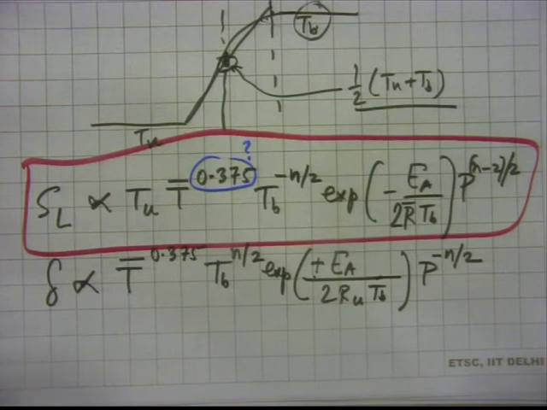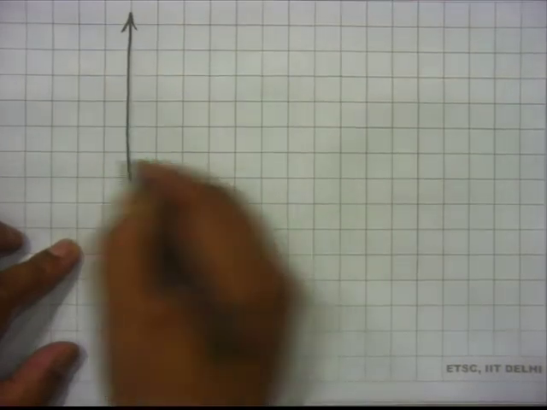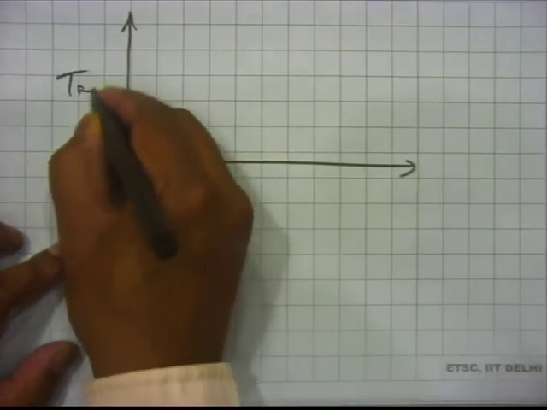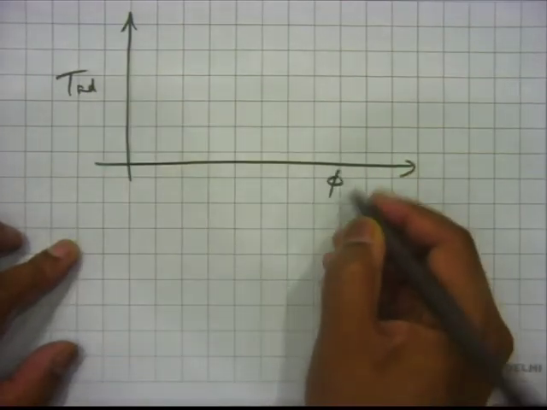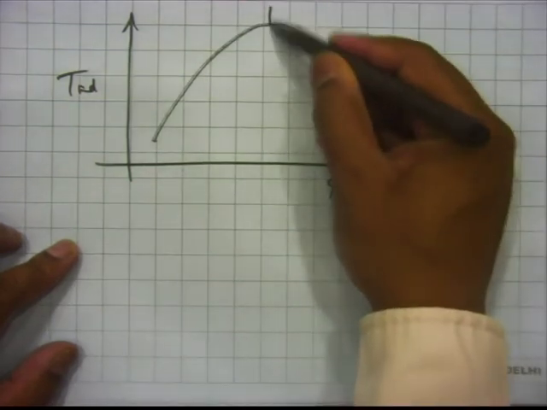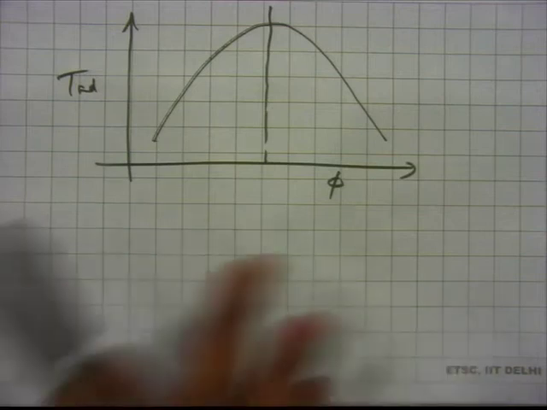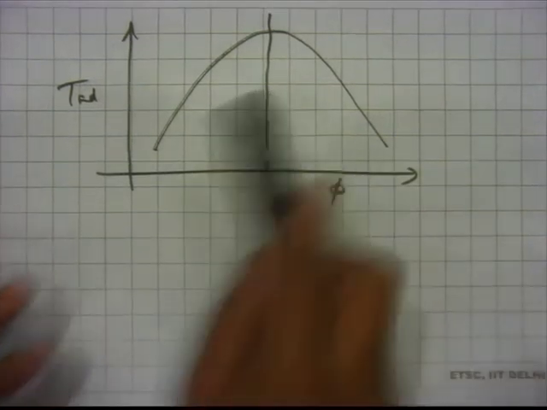Yeah, so that is a good point. And we all know how this varies. We know that if we plot the adiabatic flame temperature, we know how to do it, then we see something like this, where the peak is slightly higher than stoichiometric, typically. There are exceptions, but typically for most hydrocarbons, this is the way it happens.